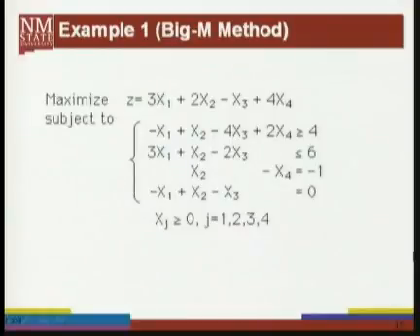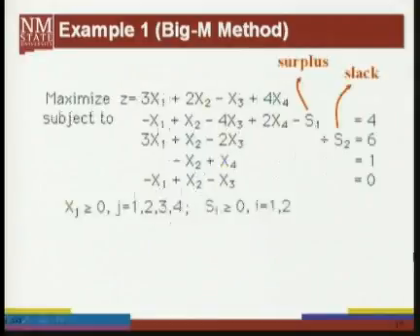Okay, then let's consider this example. So first, we need to modify the third constraint so that the right-hand side value is greater than equals 0, right? So we did it. And then next, add slack or surplus.